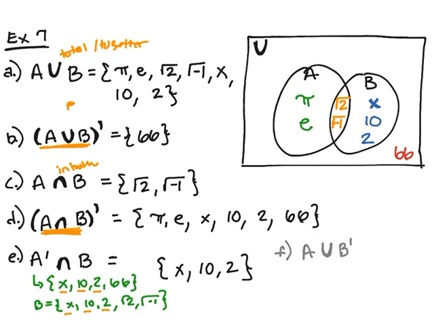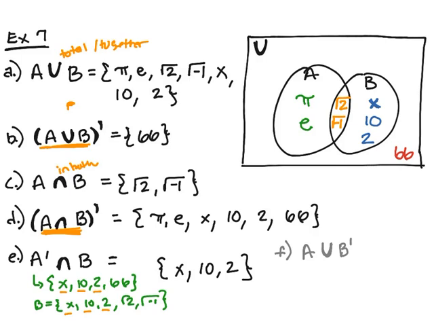Union meaning I want it all together, right? So I want A and what's in B complement. B complement means everybody but B, right? So if you write that together, you just have who? Pi, E and 66. Y'all agree?